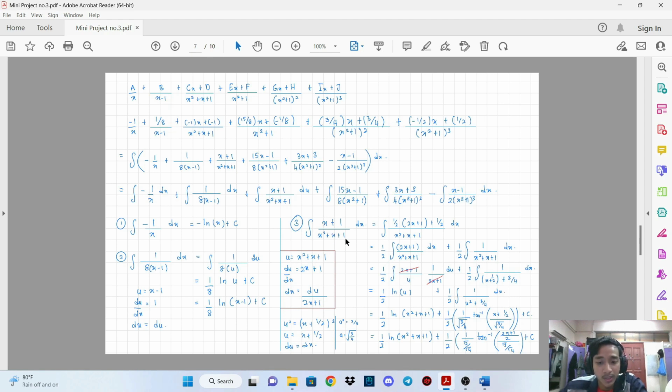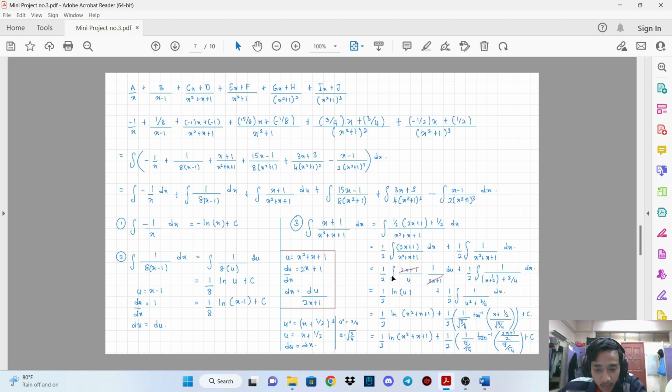So from this we factorize x plus 1 into 1/2 times (2x plus 1) plus 1/2. After that we separate them into two parts: 1/2 integrate 2x plus 1 over x squared plus x plus 1 dx plus 1/2 integrate 1 over x squared plus x plus 1 dx.